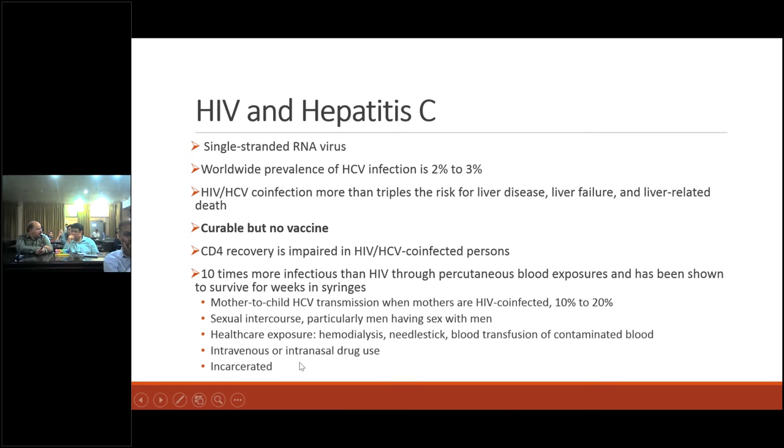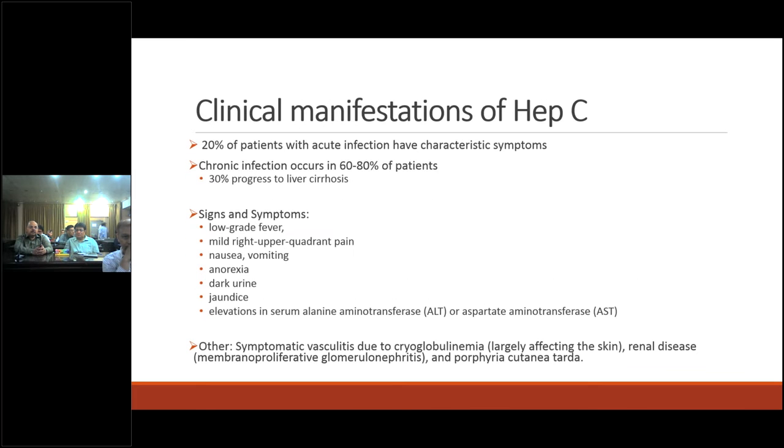A primary non-response would be somebody that has a hepatitis B DNA decline of less than 1 log at 12 weeks. A complete virologic response is somebody that is undetectable for hepatitis B DNA at 24 to 48 weeks. And a partial response would be somebody that has a decline but still detectable DNA at 24 weeks.